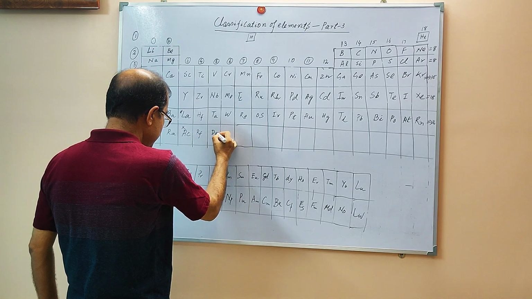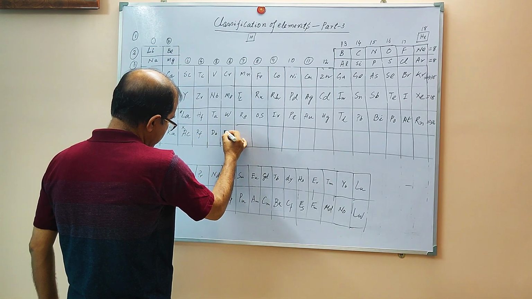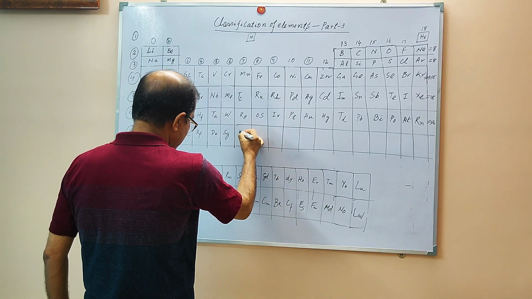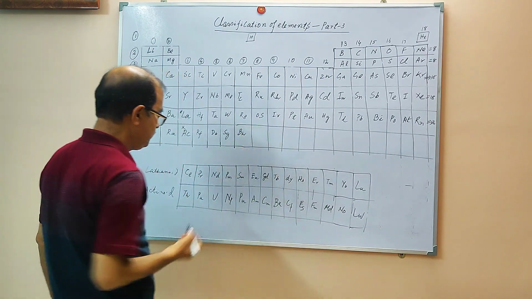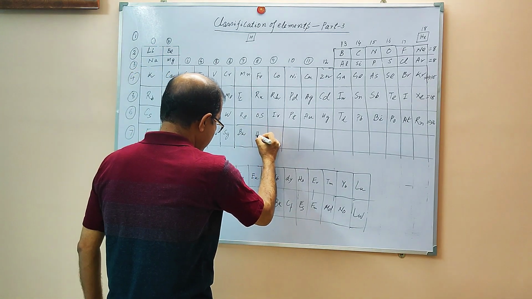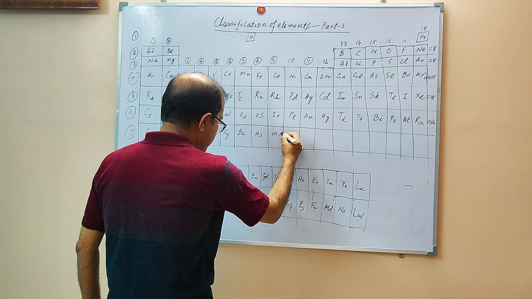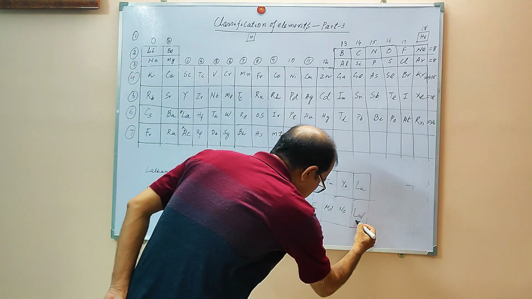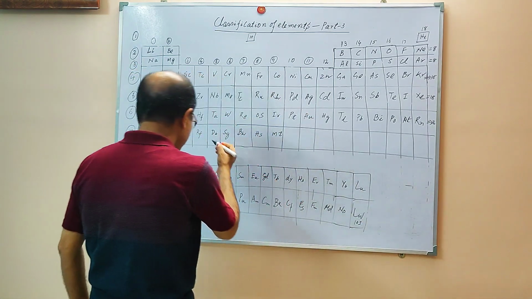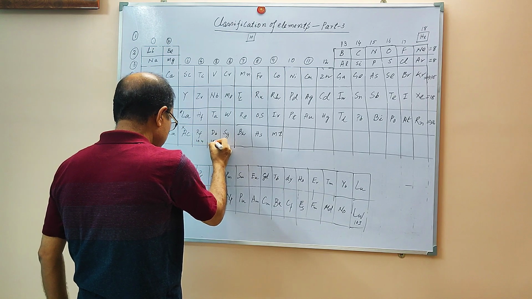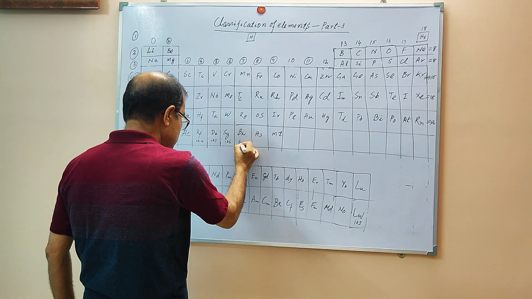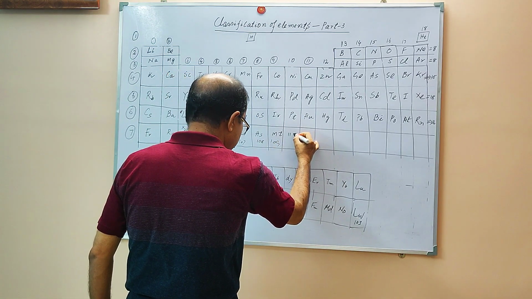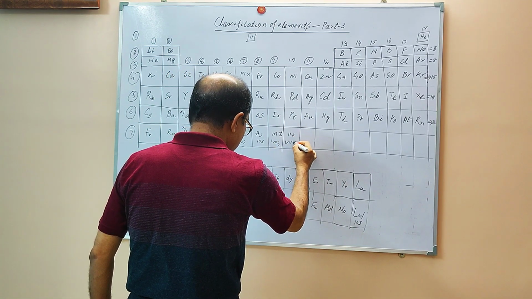Rutherfordium, then Dubnium, then Seaborgium, then Bohrium, Hassium, then Meitnerium. Then you will find that this is atomic number 103, and here 104, 5, 6, 7, 8, and 9. After this, 110 Uun.